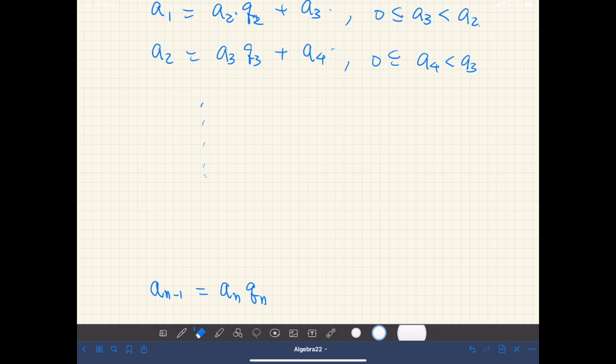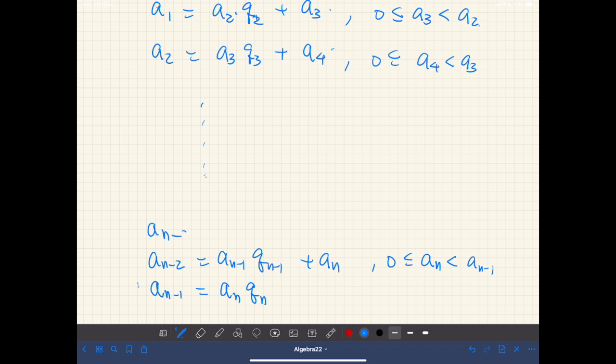At this step the remainder is 0, and the previous step is An-2 equals An-1 qn-1 plus An, and of course An is less than An-1. The step before that is An-3 equals An-2 qn-2 plus An-1.